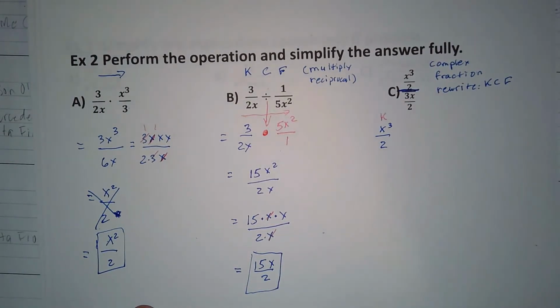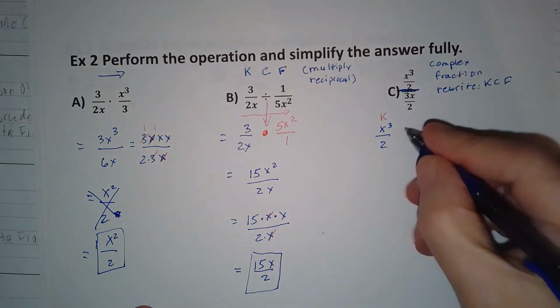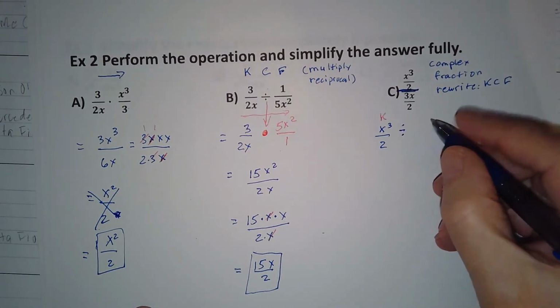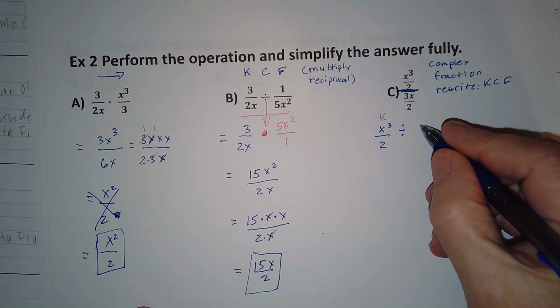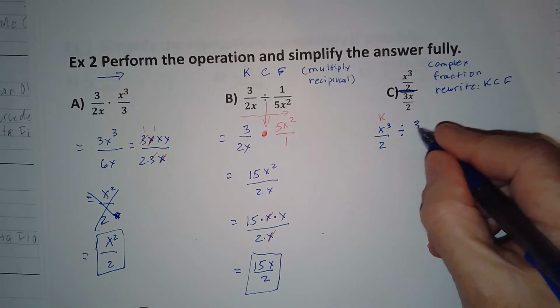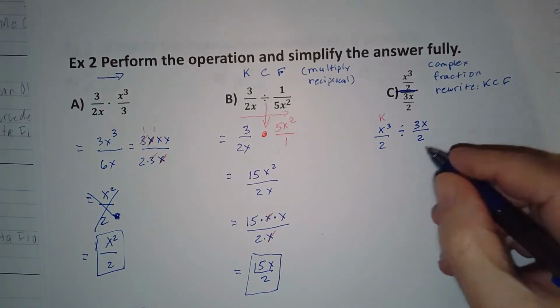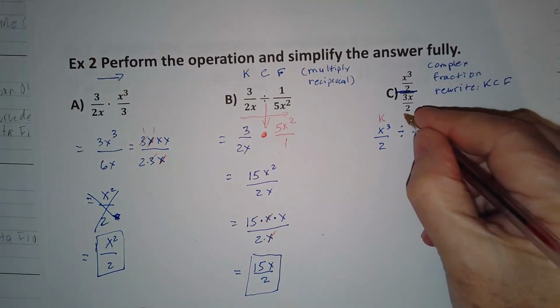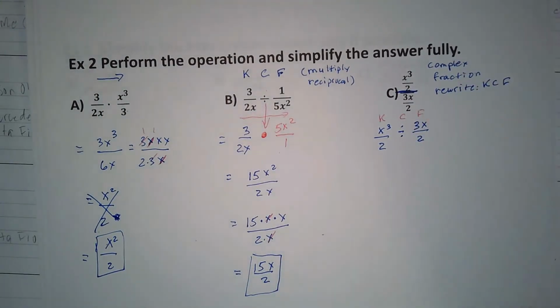And then this is divided by, we're going to change that, and then we have 3x over 2, right? So I want to change this, and I want to flip this.